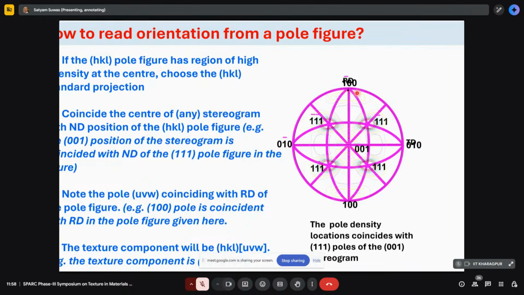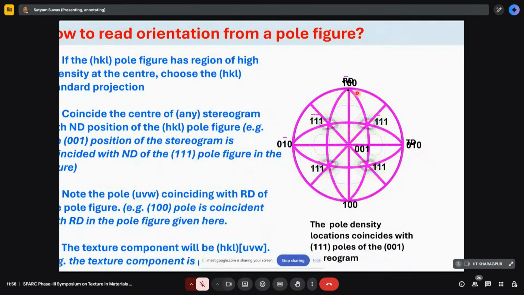And probably by now you know that the texture components are represented by a combination of the plane parallel to the sheet plane and the direction aligned along the longer direction, or rolling direction. This is for sheet material. For other types of textures, there are different types of plane and direction considerations.